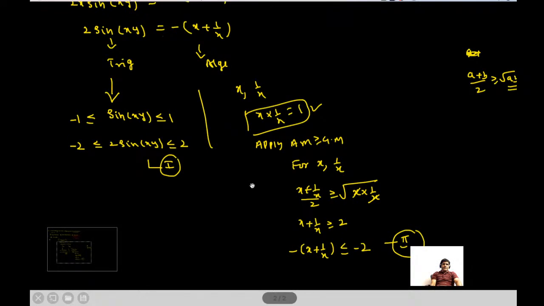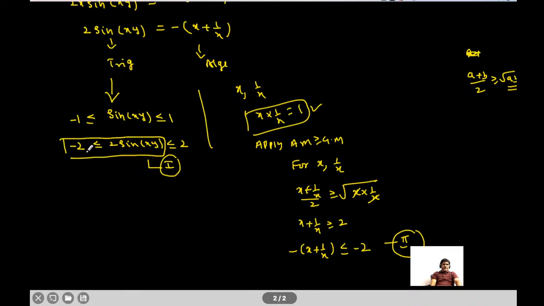Now if you take this part only, 2 sin xy is greater than or equal to minus 2, and on the right hand side, minus of x plus 1 by x is less than or equal to minus 2.